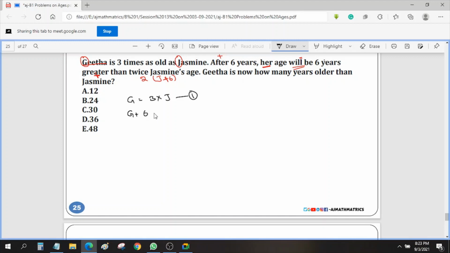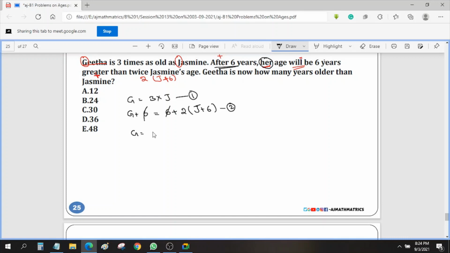G plus 6 equals, 6 years greater means plus, than twice Jasmine's age after 6 years, which is J plus 6. I have already told you, after 6 years or after 10 years, we need to increase both persons' ages. So 6 gets cancelled.